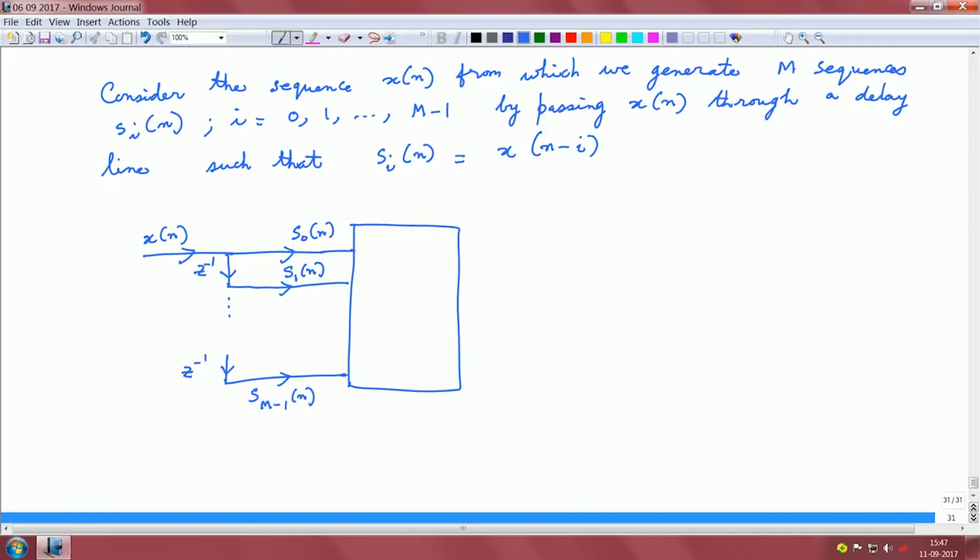Instead of passing through the normal discrete Fourier transform, we will filter it through the IDFT, which is W conjugate, and we get x naught of n, x1 of n, so on till x m minus 1 of n. Right? This is sort of like your subband signals.